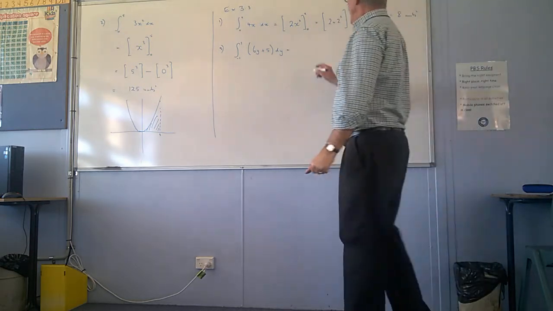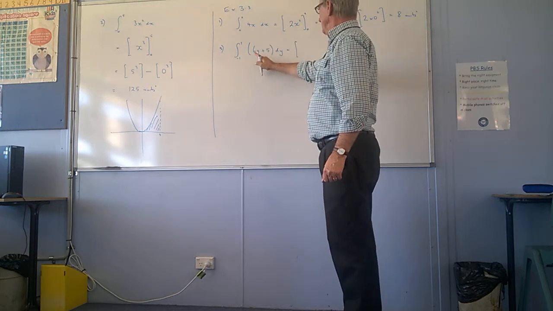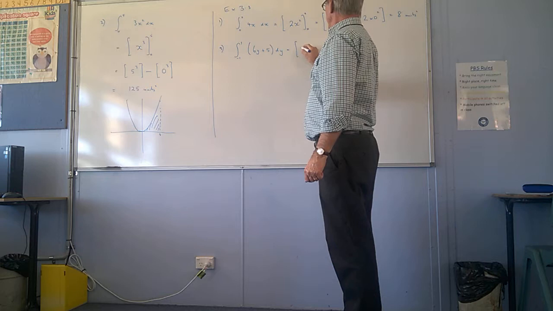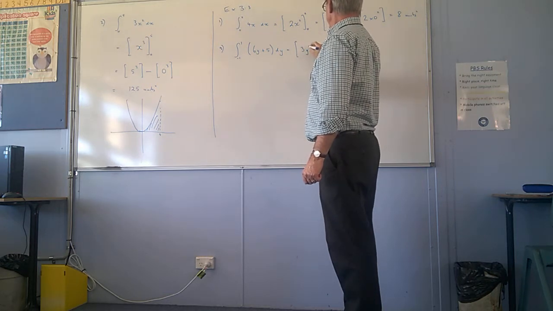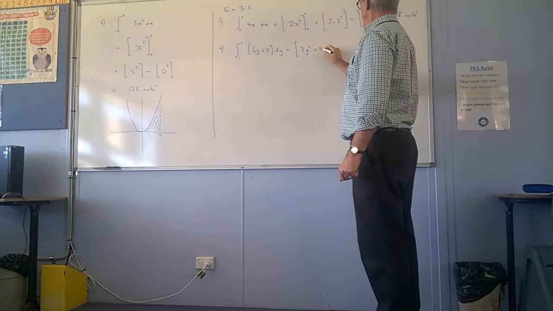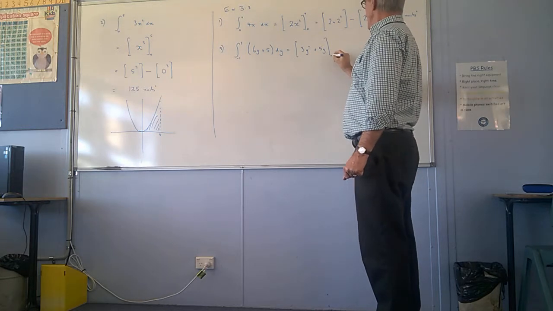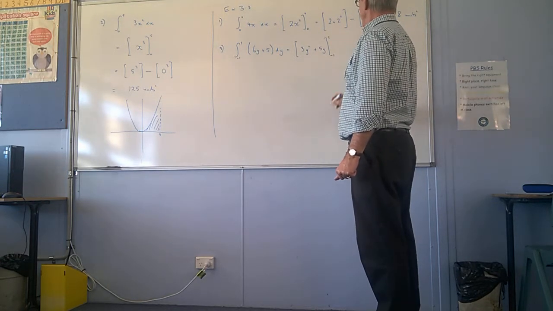So, if I was to work out the primitive function of that, can you see that that's going to be 3y squared plus 5y between -1 and 1.